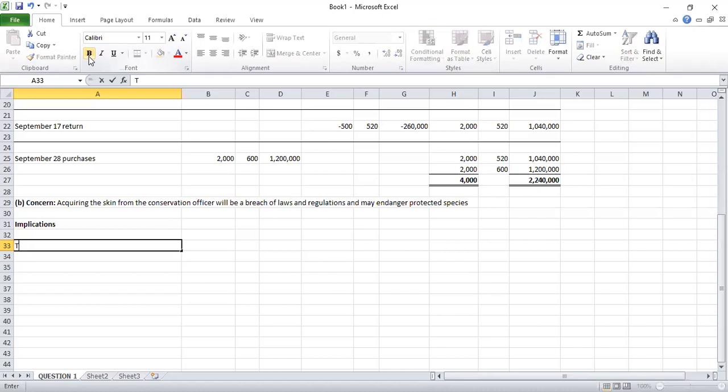We are saying the company can be fined or get other severe punishments.